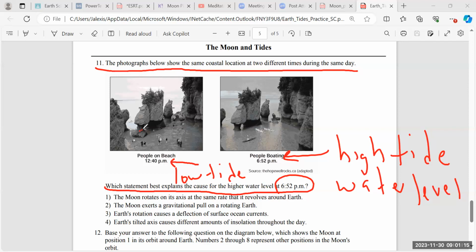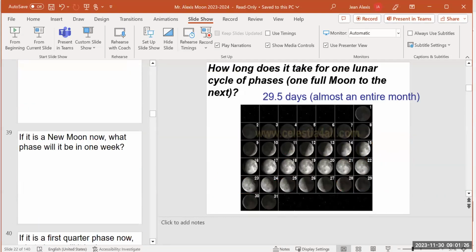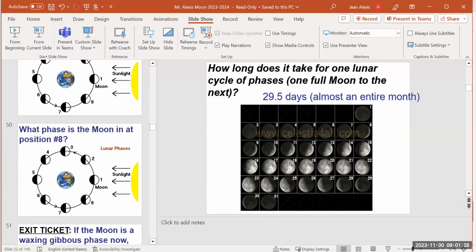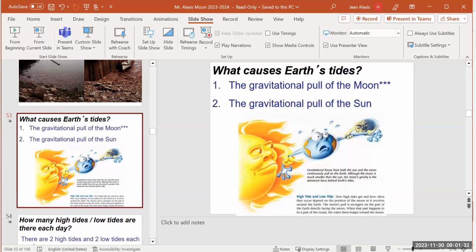So what is the reason why we have tides? Let's go to our notes based on what we've learned. We have to go to the main reason.